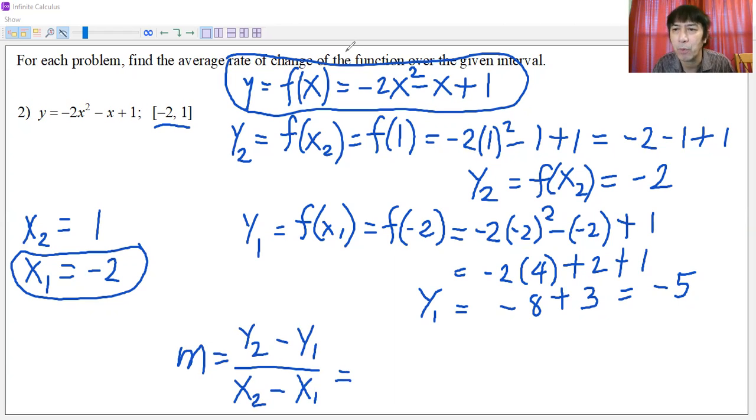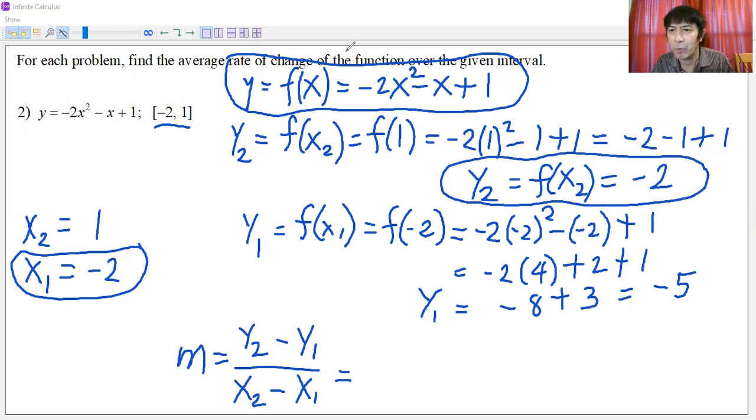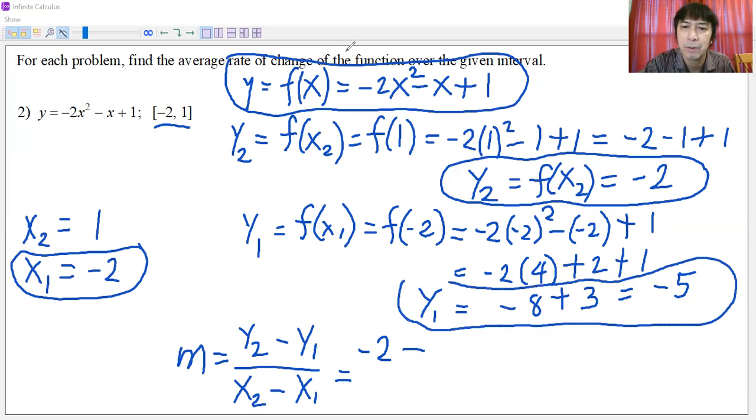Our y2 is over here, -2, so we write here -2. And then minus, that's from the formula. Take now your y1, which is over here, -5. So after this minus, it's -5.